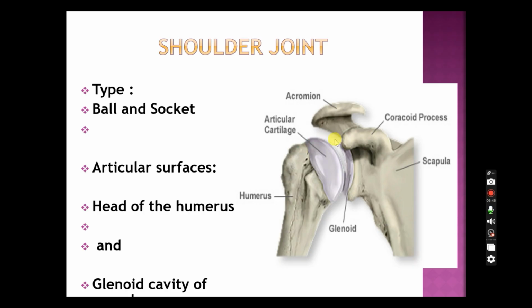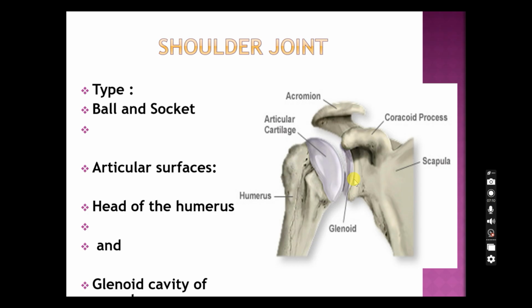When the arm is laterally rotated, it goes exactly above the head of the humerus. So it is a factor which can prevent the upward dislocation of the head of the humerus from the glenoid cavity.